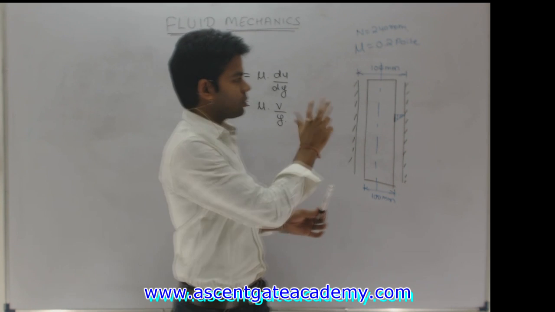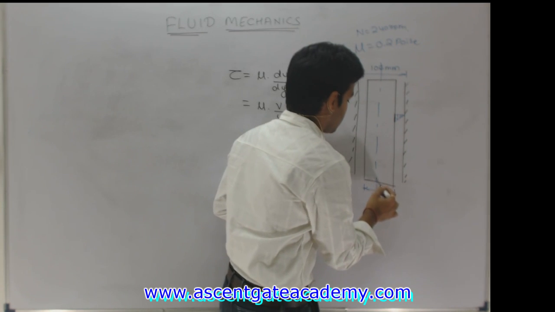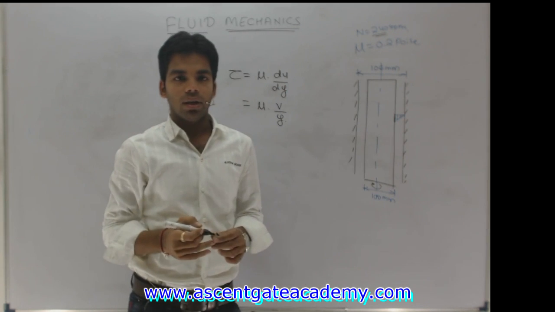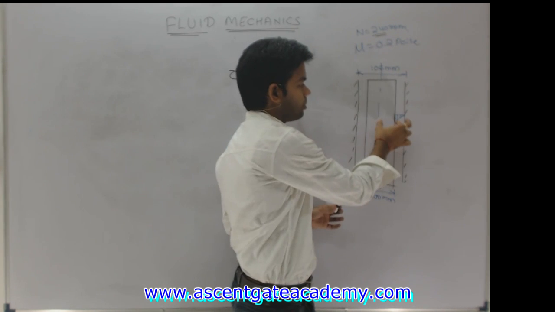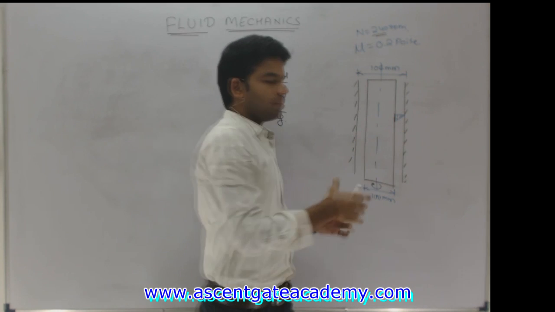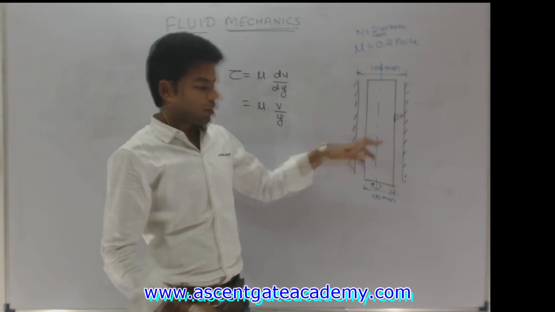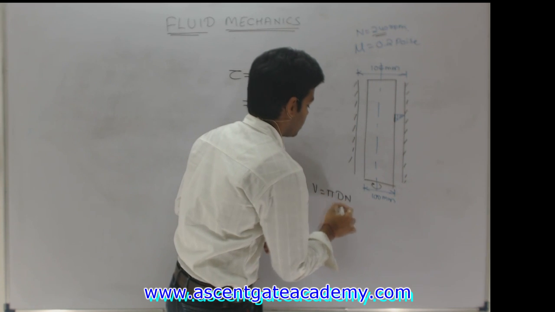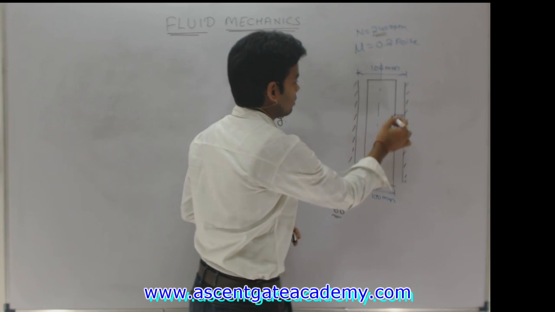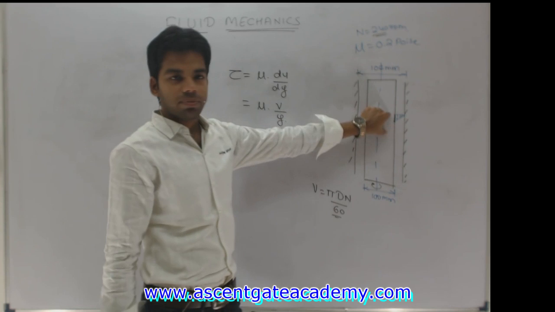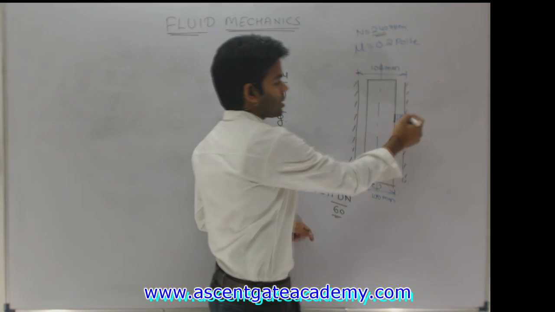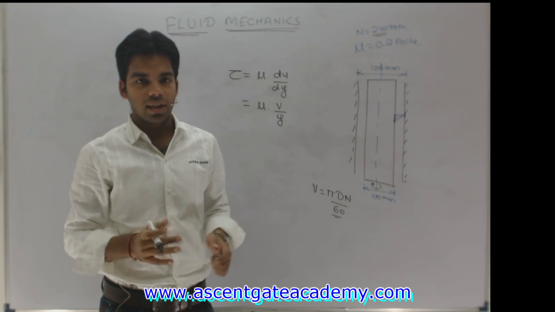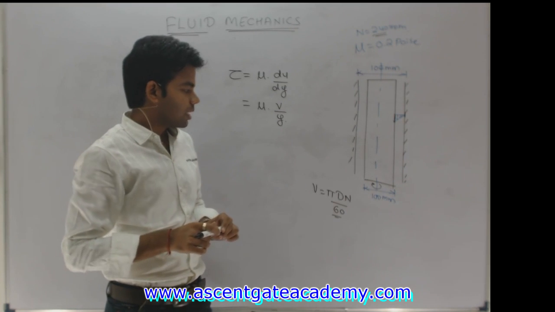This shaft is rotating with a speed of 240 rpm, so there will be some linear velocity at this particular point. How can we calculate that linear velocity? V is equal to pi dn by 60. The outer tube is stationary, so the velocity there is 0 and the variation is linear as given in the question.